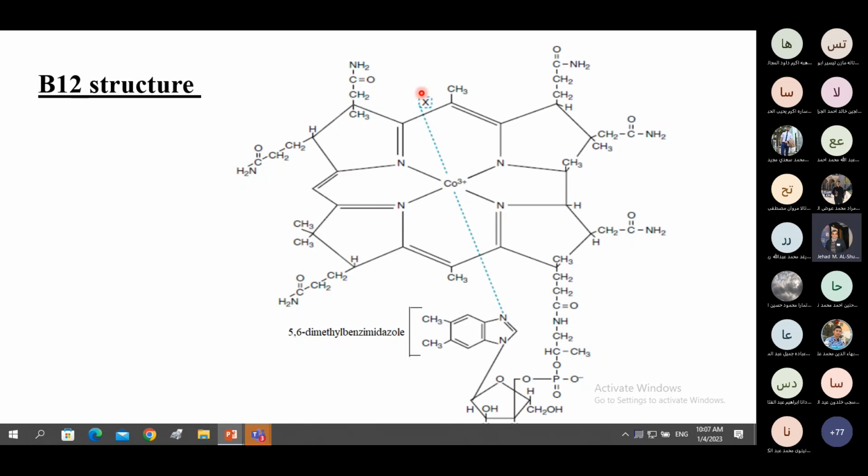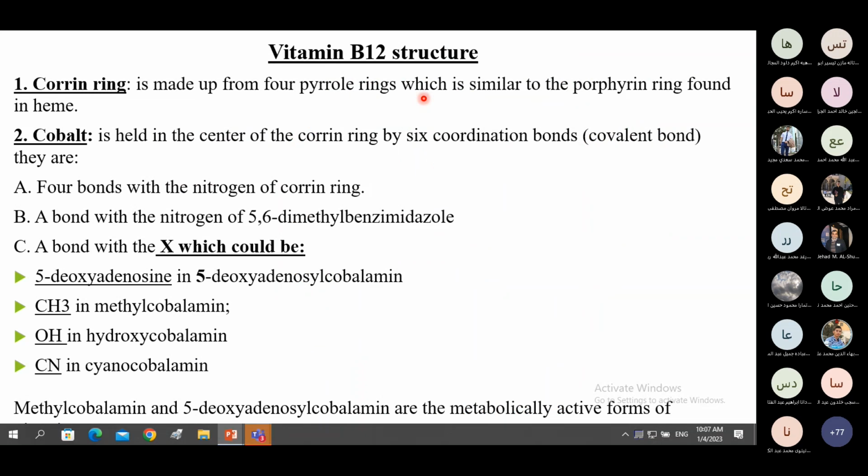So B12 is not one form, although this is the basic structure for all B12. The difference between one B12 and another is what is attached in the position of X. Let's go back here. As we studied, vitamin B12 is made up of a corrin ring, which is 4 pyrrole rings, and in the center there is cobalt.